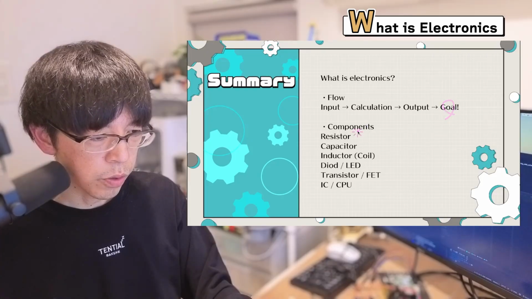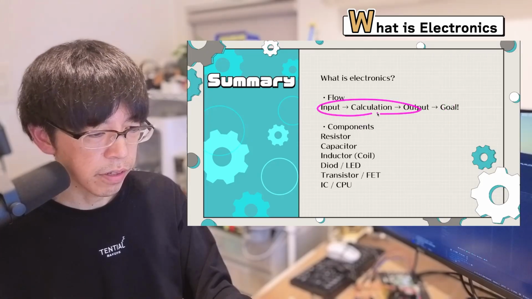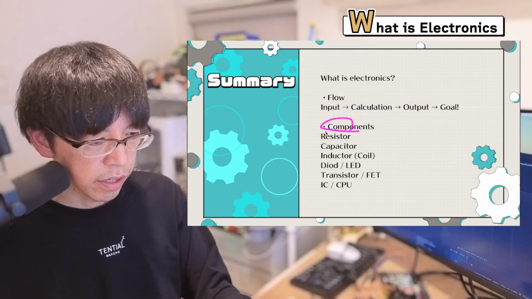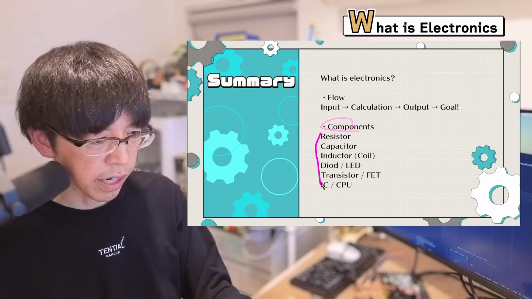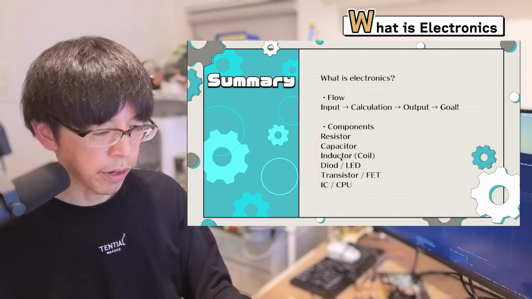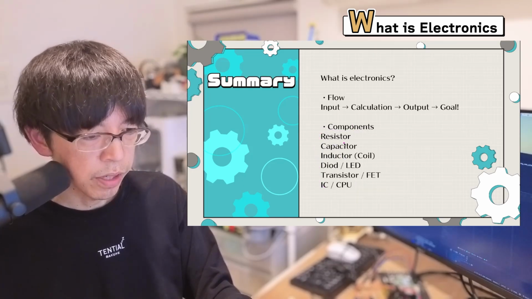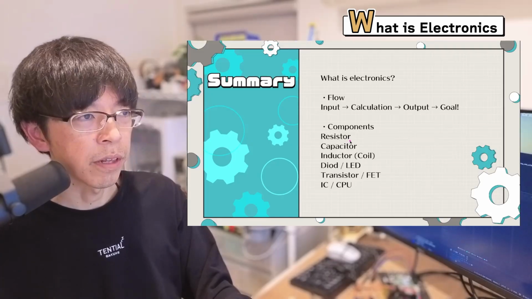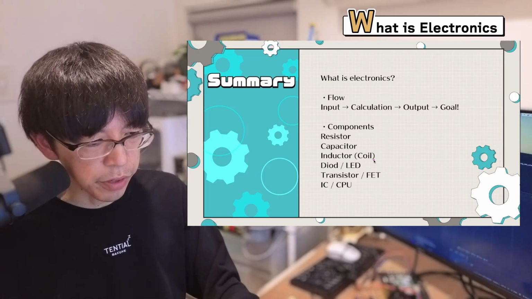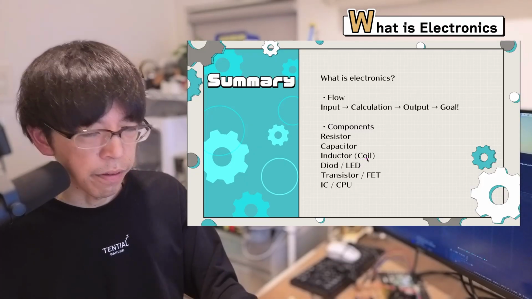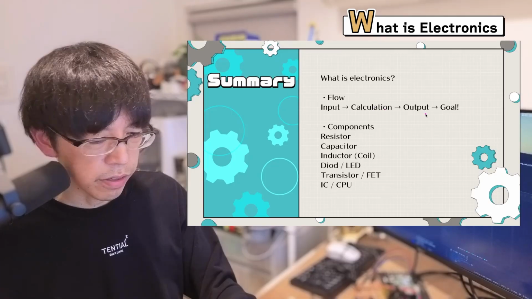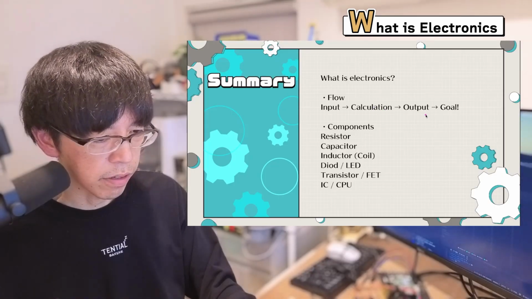These devices consist of these components: resistor, capacitor, inductor, diode, transistor, ICs. These are very basic components. So please remember, please learn these components as the first step if you want to learn electronics.